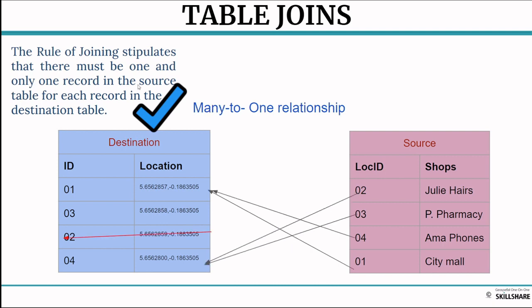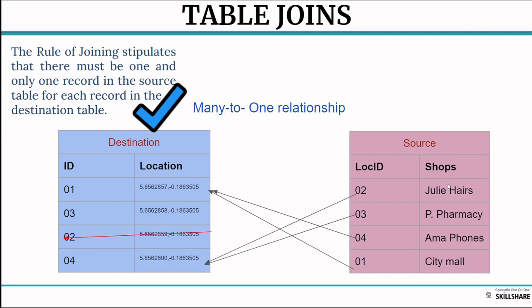This is a many-to-one relationship. Let's review the rule again. The rule says that if you want to join a table, there should be only one record in the source table that connects to each record in the destination table. Now imagine that these shops are in a multi-complex or a storey building.